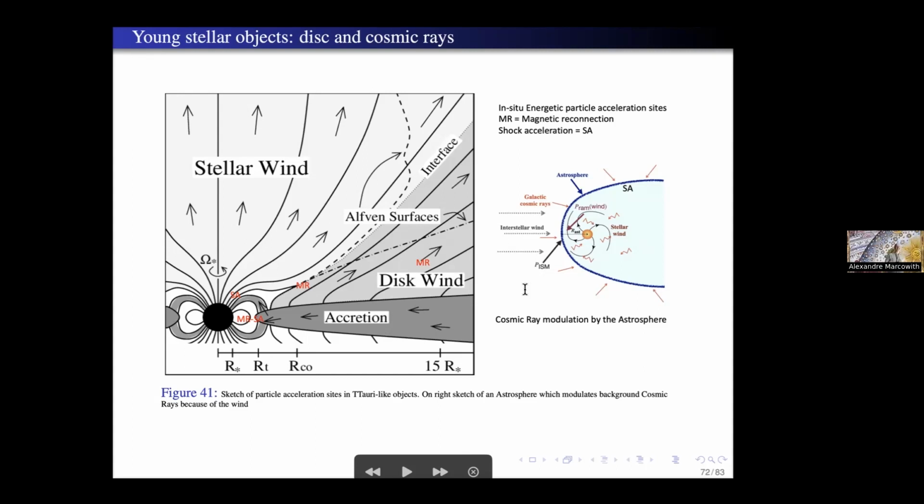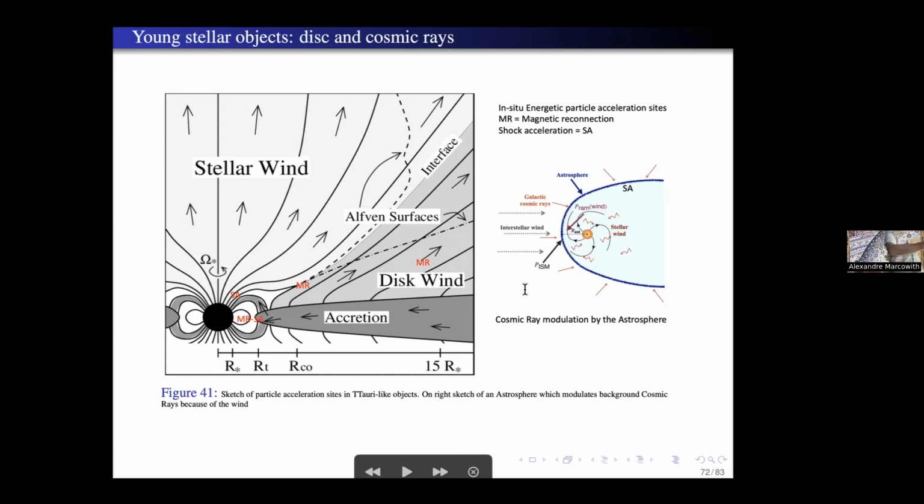So close to the star, or eventually at a bit larger distance, but likely associated with the activity of the star, you can have some feedback from in situ accelerated particles into the accretion disk, which can help with episodic activity in the accretion process towards the star.